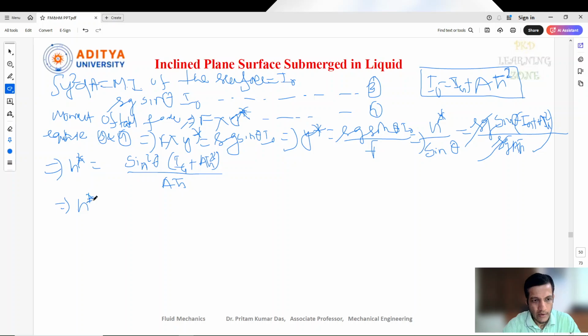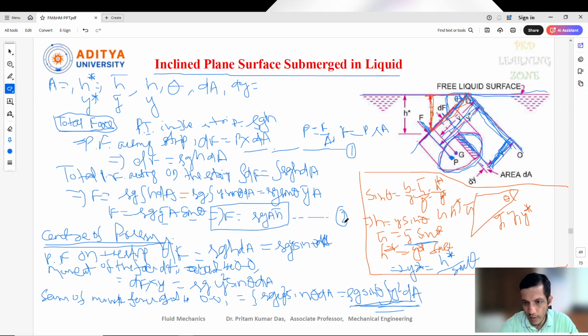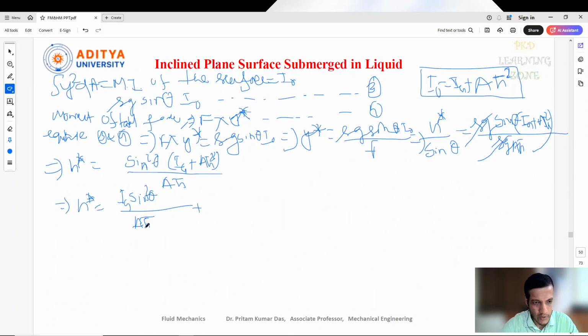So again h star equal to, we can write sine square theta Ig sine square theta by A h bar plus, yeah, now here again we can write one thing, we know that h bar equal to y bar sine theta. So we can put the value of that one also.